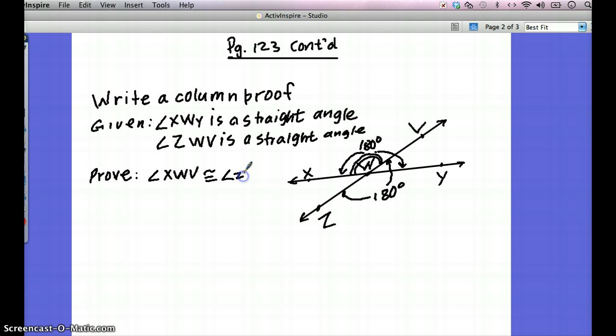Angle ZWY. Here it comes. ZWY would be right here.